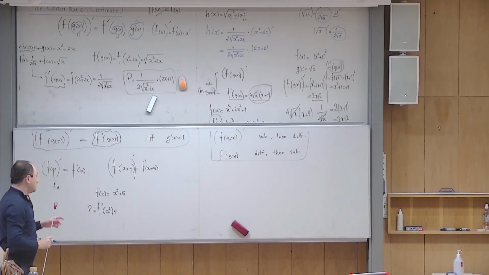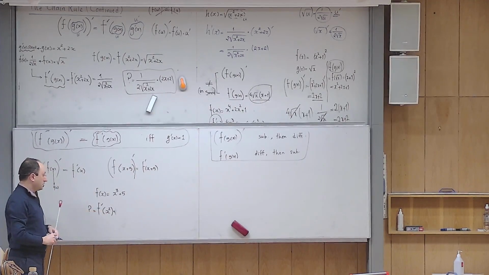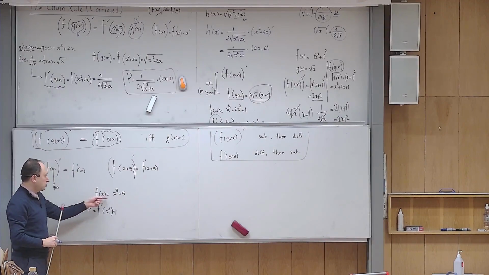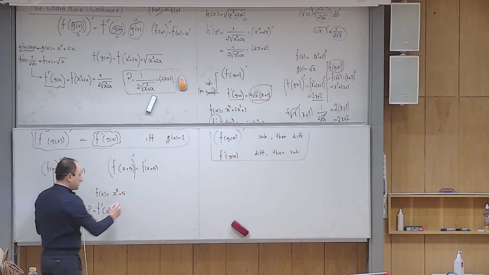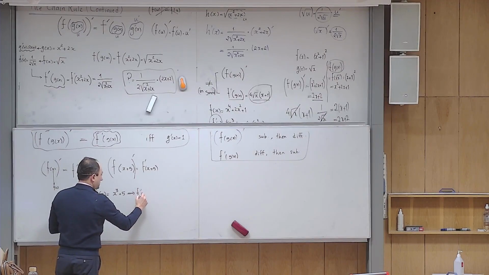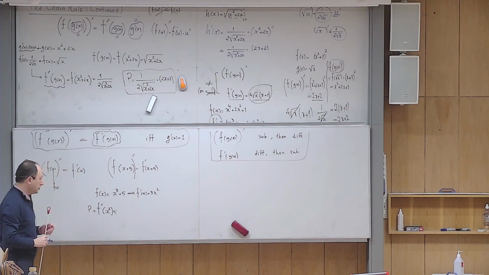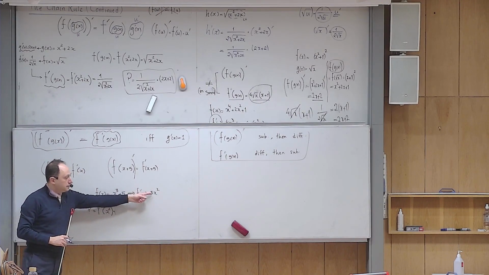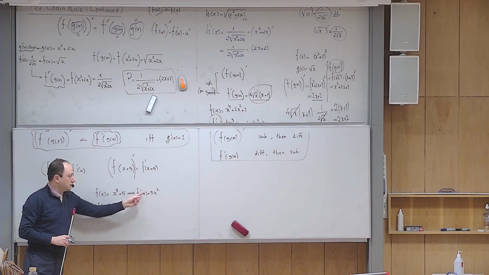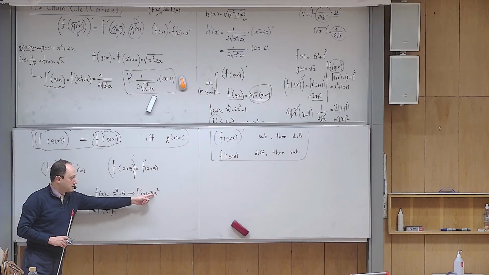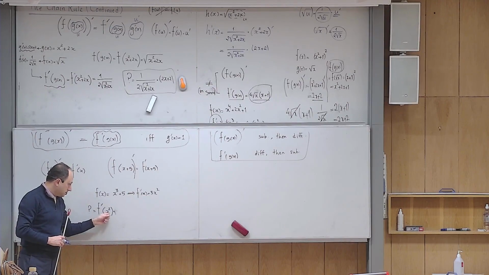Here, if I want to calculate this, you told me differentiation has priority. So I go back here and I start differentiation. f prime of x is equal to 3x squared. Now what should I do for this one? When differentiation is finished, I go into the derivative and replace x's with this function.